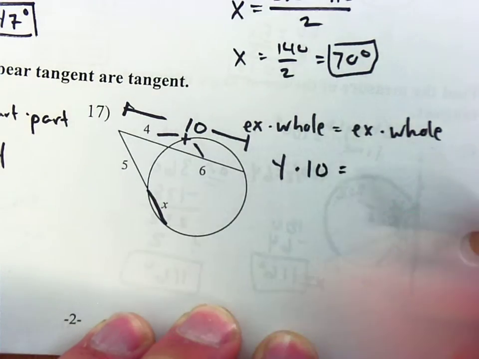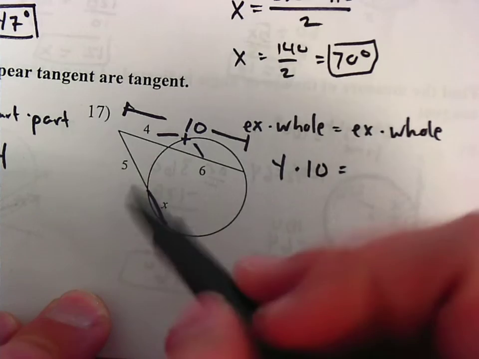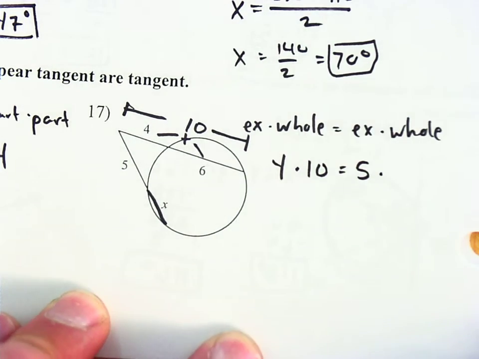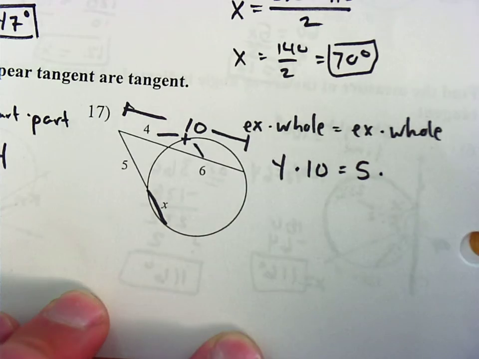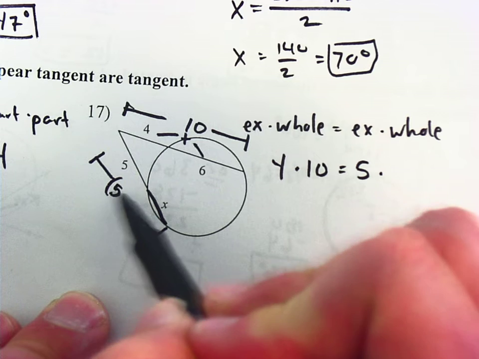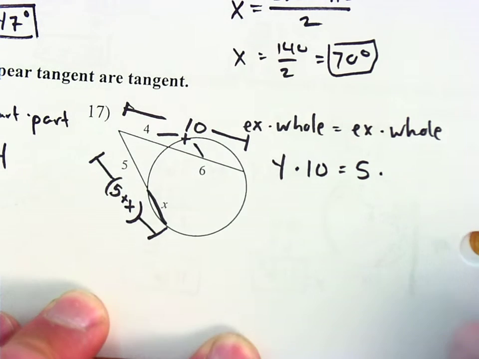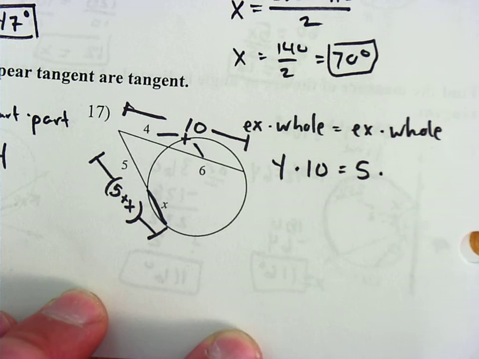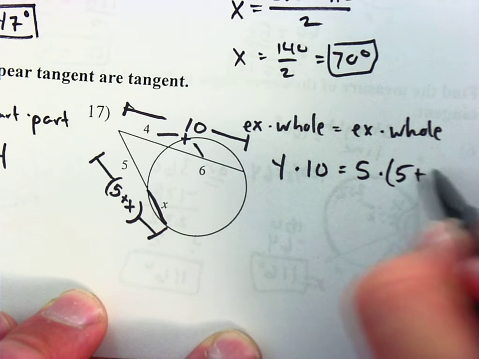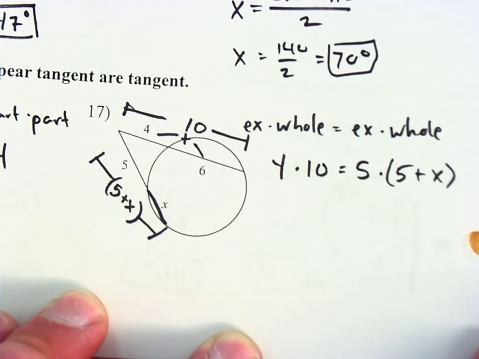That's the whole. If I look at this next line, the external part's really easy. It's 5. It's whatever's outside of the circle. And then to get the whole piece, I need to add these two. Well, I don't know what x is, but I can still add them together. I just write it as 5 plus x. So 5 times 5 plus x.